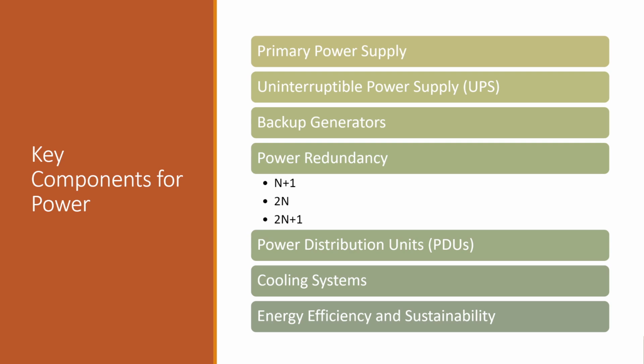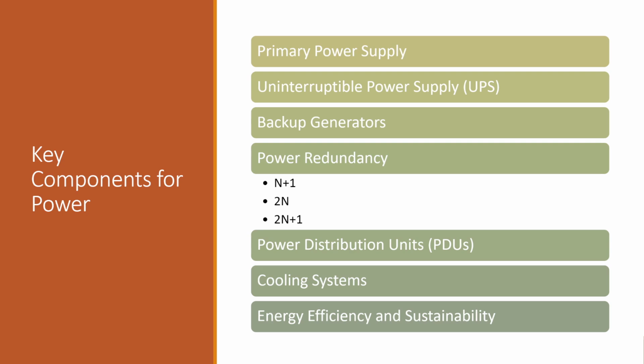fixes. We need to make sure that we are power redundant, and these are the couple different power redundant models that we have. Like N+1 means I have a primary loop plus an extra backup power supply. This way, if one fails, I have a secondary component or a secondary system that will work. You can have 2N, where you have 2 completely separate systems.